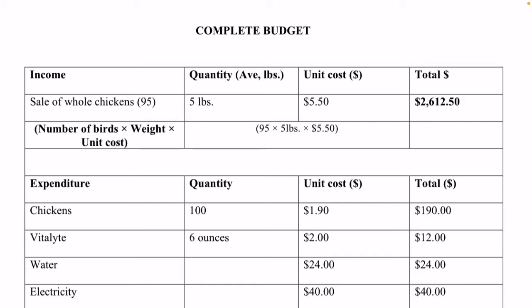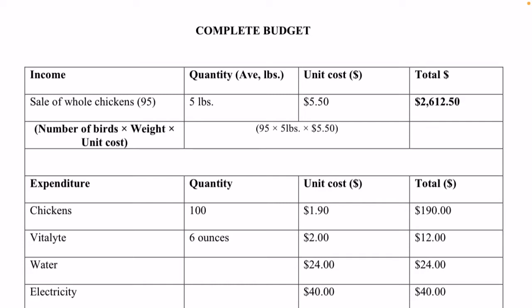To calculate the total income, you must first know the amount of birds that will probably survive after the growing period has been finished. So you have 95 birds. Normally, a mortality rate of 10% is within the recommended threshold. So it is not recommended that you approximate that 100 birds will survive.